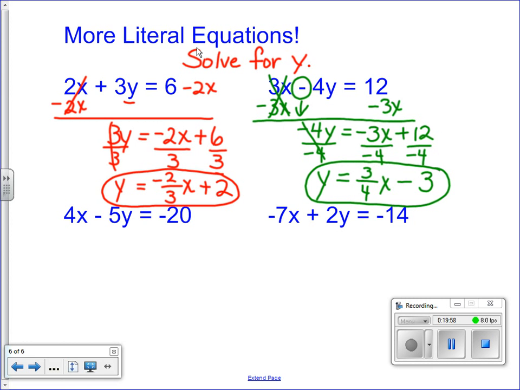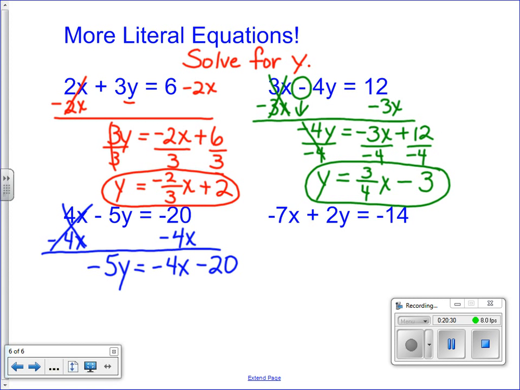In my next equation, again, I want to move the 4x to the other side, and the only way that I can do this is to take 4x minus 4x, which is 0. Again, I've got 0 minus 5y, which is simply negative 5y. On the right side, I have negative 4x minus 20 because it was a negative 20.